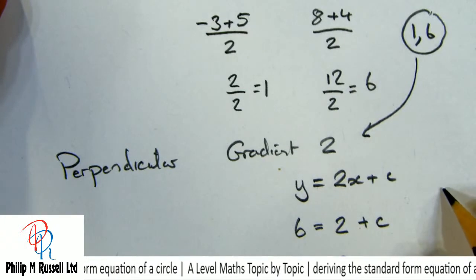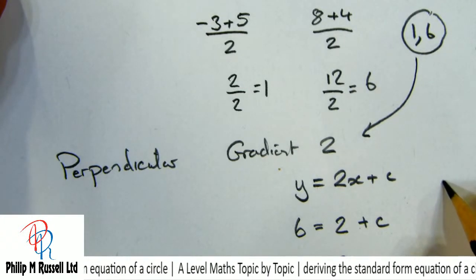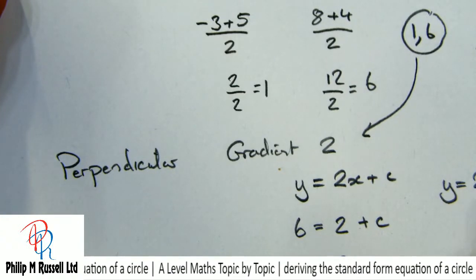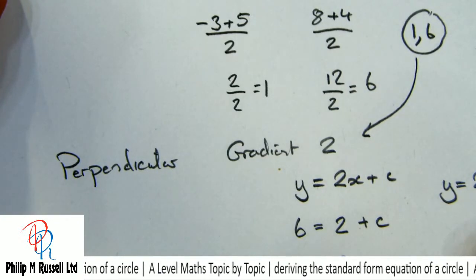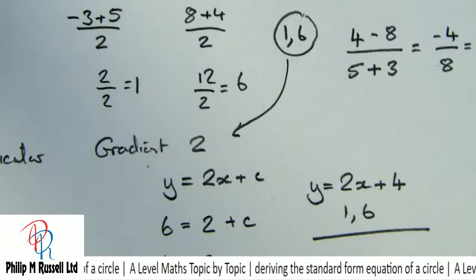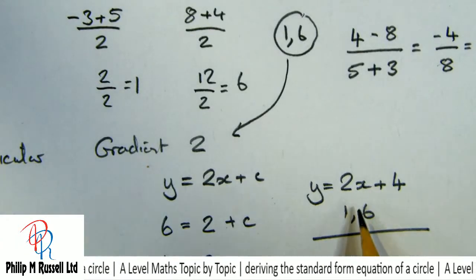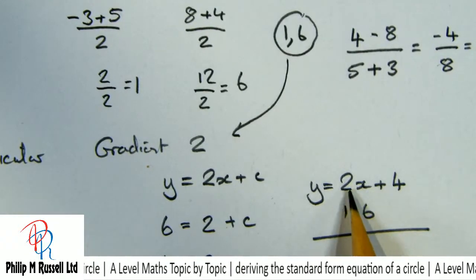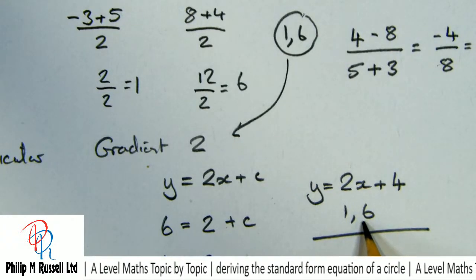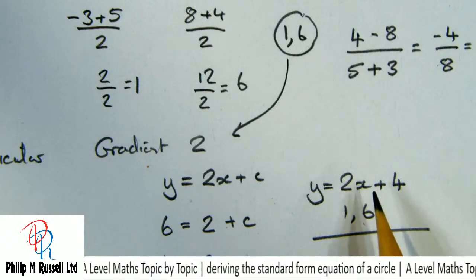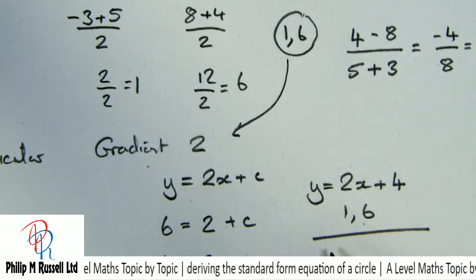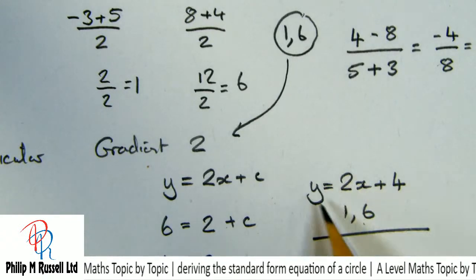So my equation of my line is going to be y equals 2x plus 4, going through my point 1, 6. So I have now worked out my perpendicular gradient, my line, the equation of the line, and I've got through that point. We do that again for another one, and that will give me another line that will go through.